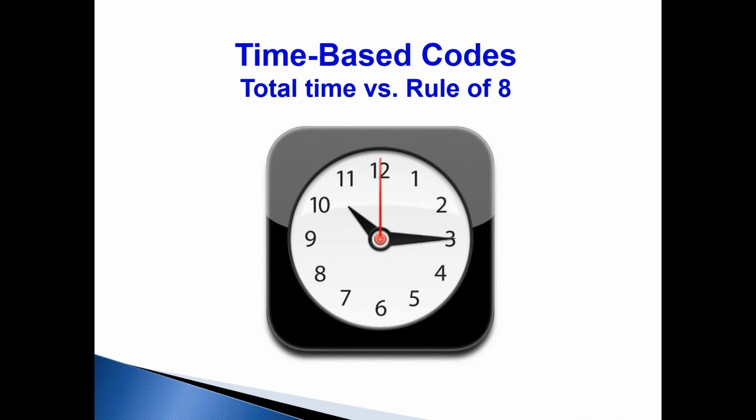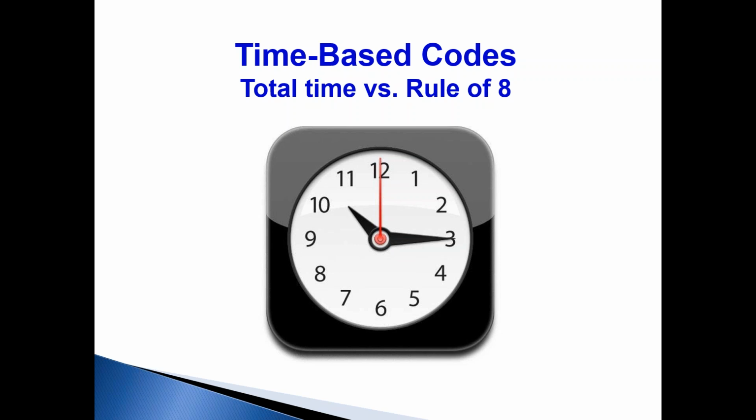Now, these codes are all time-based. What's your office policy on time-based codes, how to bill them? You should have an office policy, some sort of billing and coding manual that describes all these things. So just in case somebody comes snooping around, you can say, whoa, wait, here. It's like if you get pulled over by a police officer, what do they want to see? They want to see your license, registration, and insurance card. If you don't have those things, you're going to have a problem. If you have them, you show them and you move on.